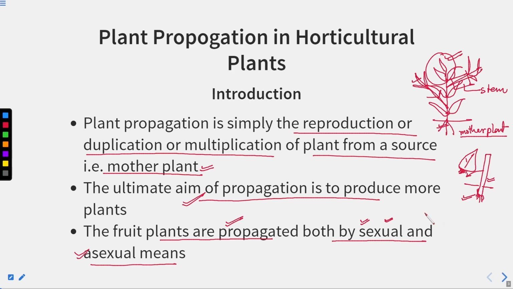So this is a long procedure. In the sexual method, it takes a long time to establish a fruit plant. And we require fruit plants in great number, and there is good demand. So what must we do? We must follow the asexual means of reproduction.